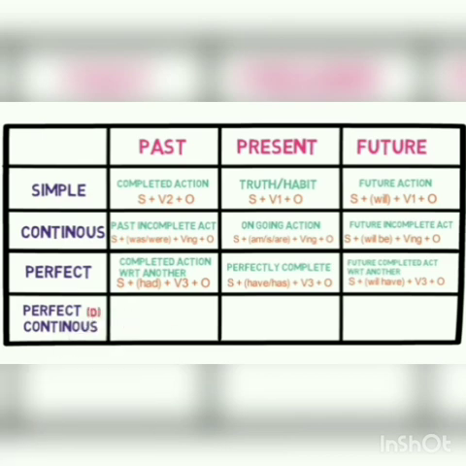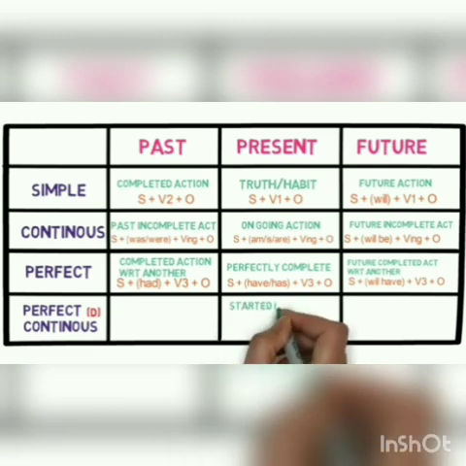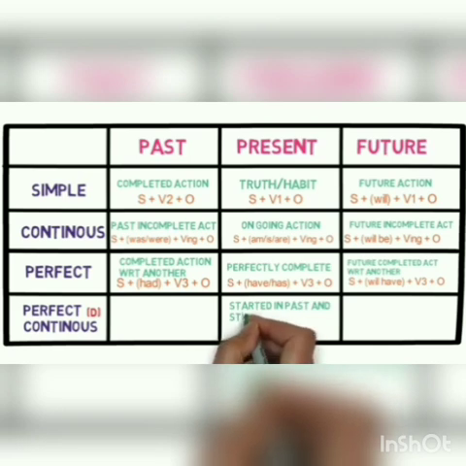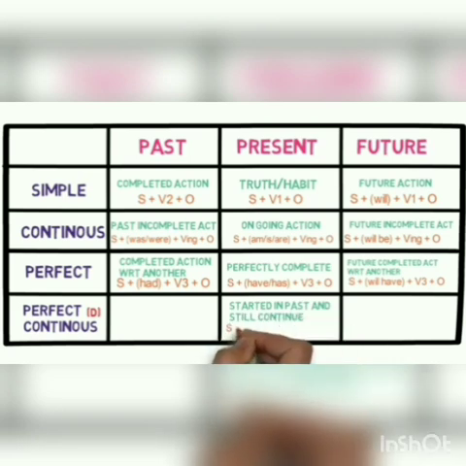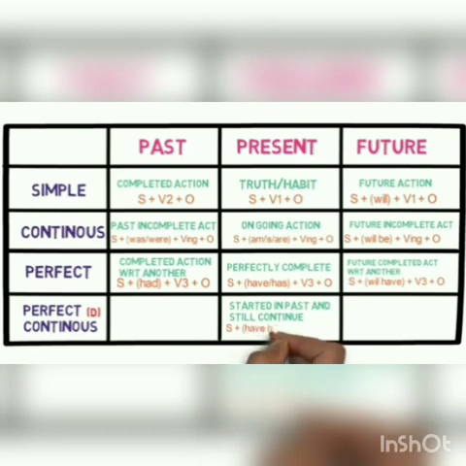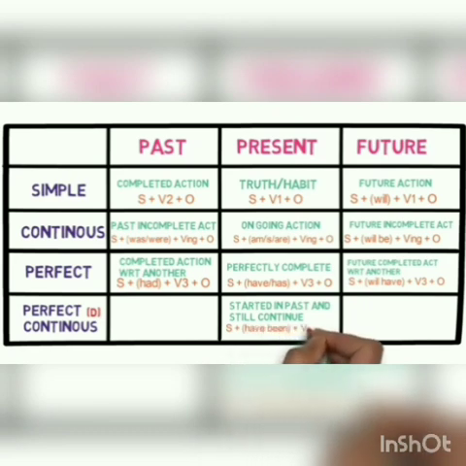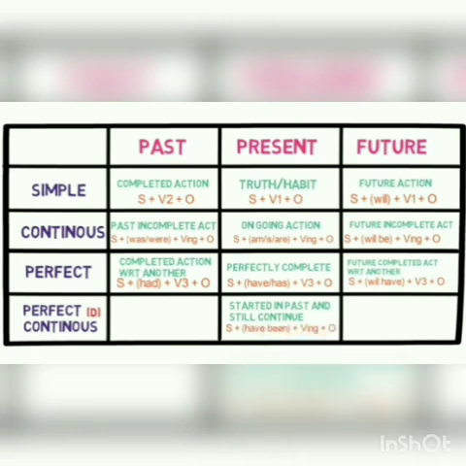Next one. We have the perfect continuous tenses next. So present perfect continuous. It shows a started action in past and an action which still continues. The structure is subject plus have been plus first form of verb plus ing plus object.